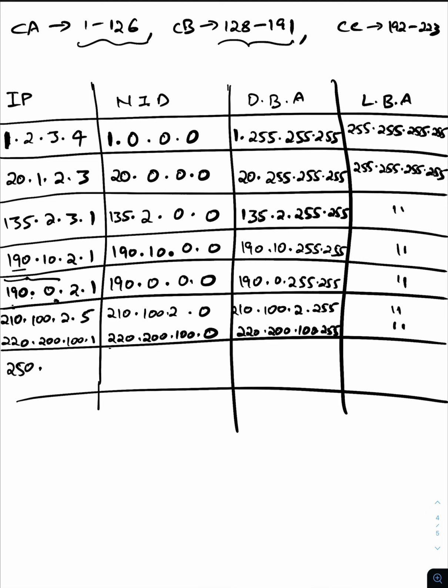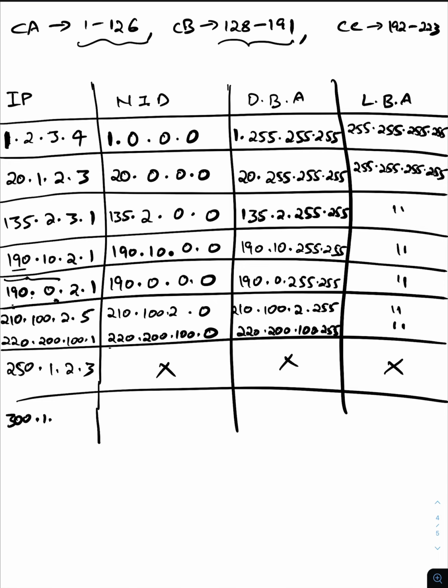Let's take, for example, 250.1.2.3. Since 250 is from class E, and class E doesn't have a network ID and a host ID, as we discussed in the last class, it doesn't have a direct broadcast address or limited broadcast address.